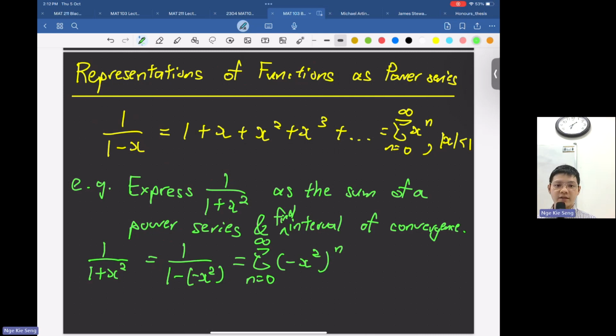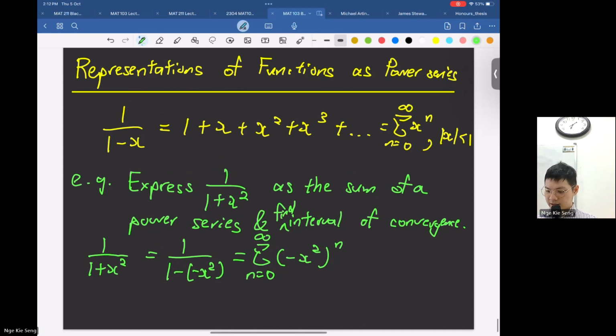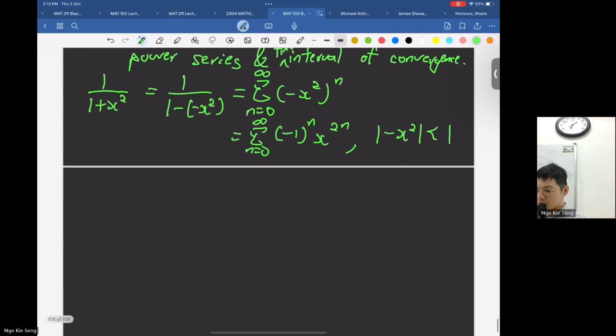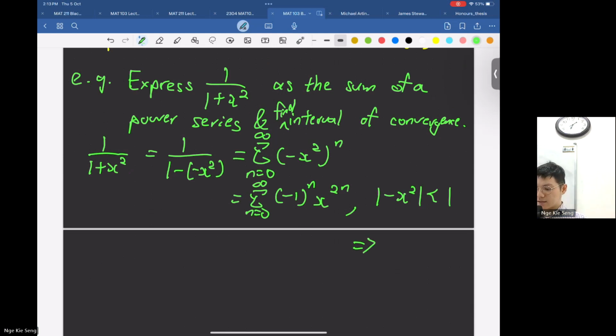In this case, if I expand this out, we get the sum of (-1)^n times x to the 2n. Similarly, the condition becomes the absolute value of minus x squared is less than 1. So how does this affect my x now? This implies the absolute value of x squared is less than 1.